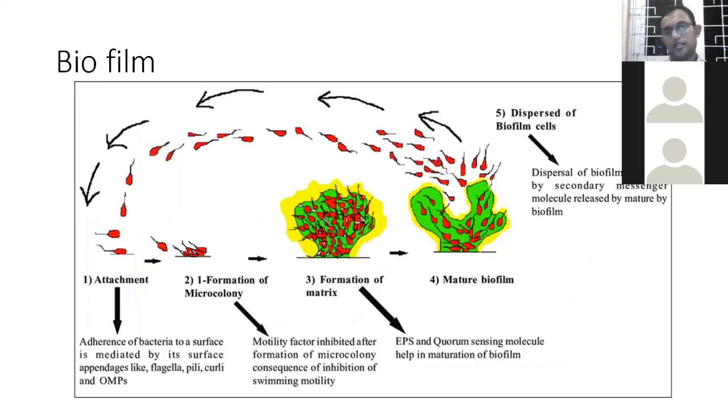So then the main problem in our chronic wounds is the biofilm. You all must have seen biofilm in your sink drainage tube, if you have ever cleaned it. That jelly-like thingy is biofilm.